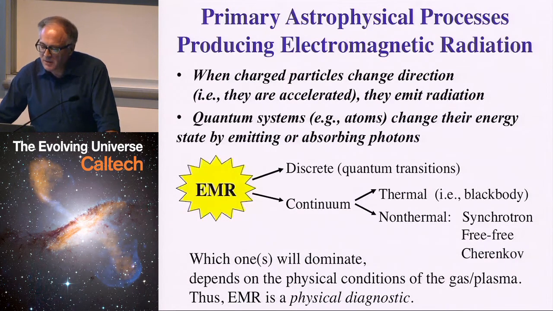So there are two important things to note here. First, even in classical physics, if you have a charged particle like an electron moving, if it's somehow accelerated or decelerated, that is going to cause it to radiate electromagnetic waves.